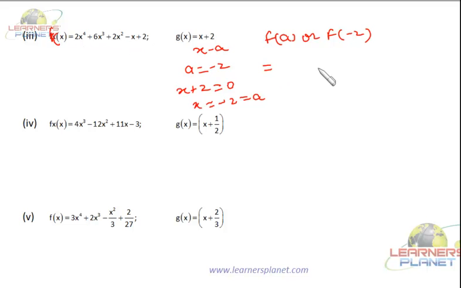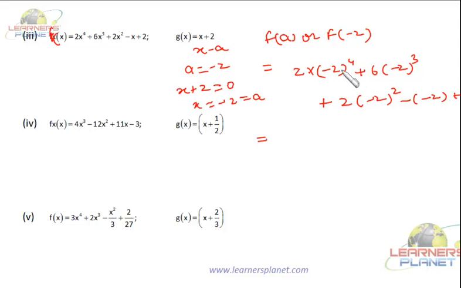So it will be 2 into minus 2 raised to 4 plus 6 into minus 2 cube plus 2 into minus 2 square minus of minus 2 plus 2. So minus 2 raised to 4 will be 16. 16 times 2 is 32. Minus 2 cube will be minus 8.